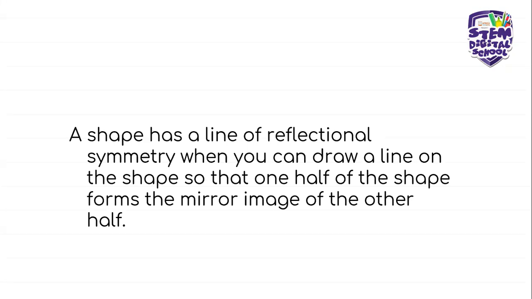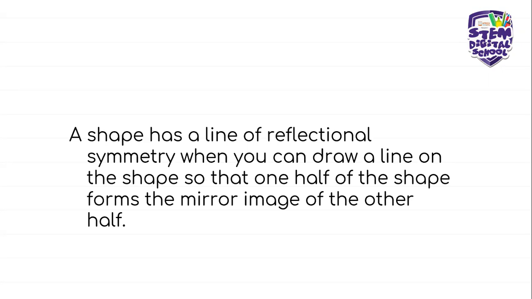So this morning, I'm teaching you about the line of symmetry. And we say that the line of symmetry simply means that you can draw a line on the shape. The line must be on the shape so that one half of the shape forms the mirror image of the other half.